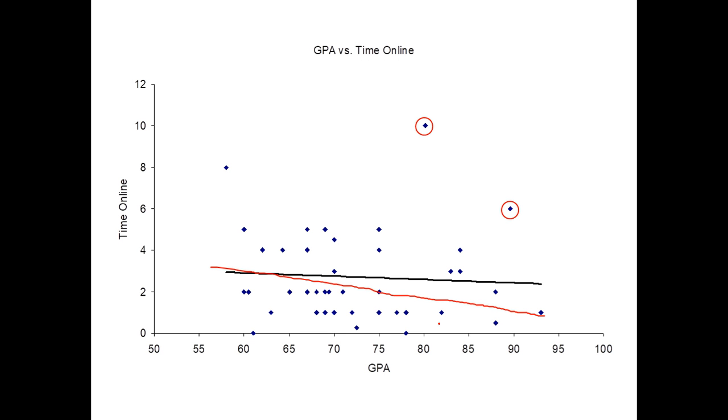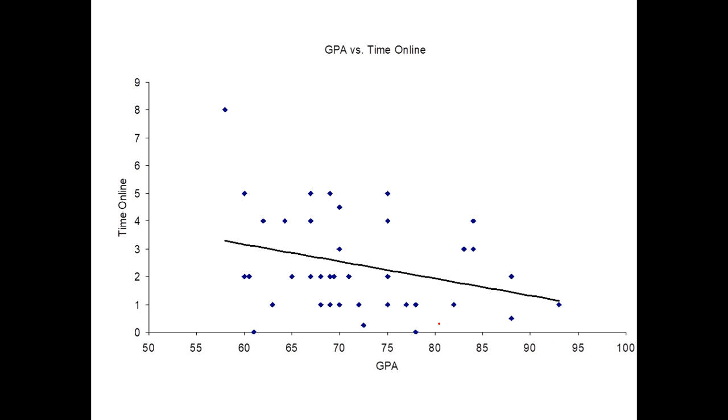It is very obvious also, you will spend more time on study. Not exactly, but there is a relationship. When you remove the outliers, you find a negative relationship: as your time spent online is lesser, your GPA is higher.